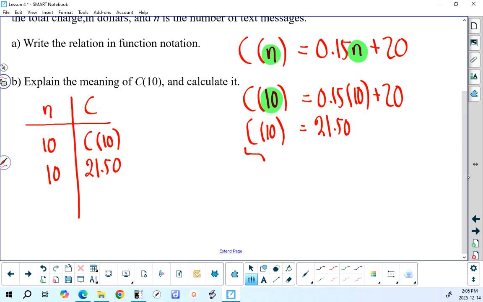This is the y coordinate when x equals 10. Now I realize there's no y's and x's in this question. I get that. I could say it's the c coordinate when x or when n is 10, but I'd rather talk about y and x, and I think you get my drift.